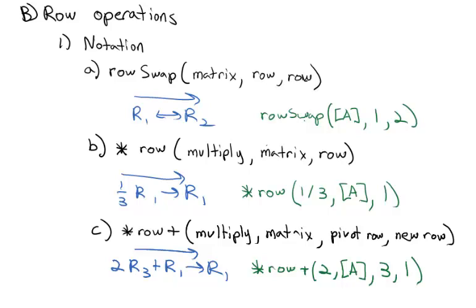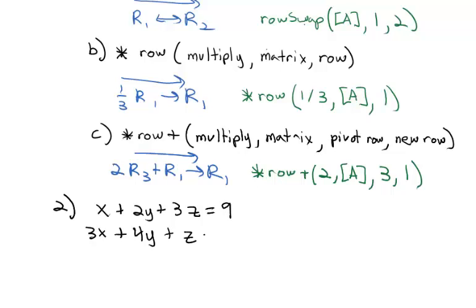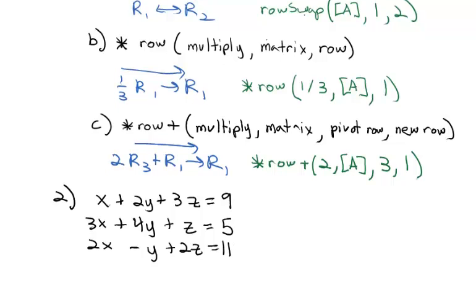So let's take a look at that same systems of equations that we solved up above with the A inverse B thing. That x plus 2y plus 3z equals 9, 3x plus 4y plus z equals 5, and 2x minus y plus 2z equals 11.